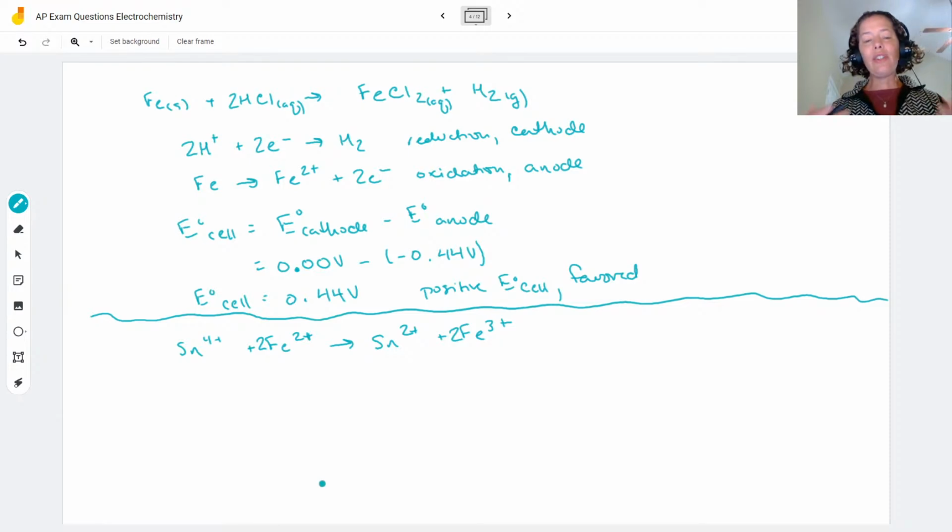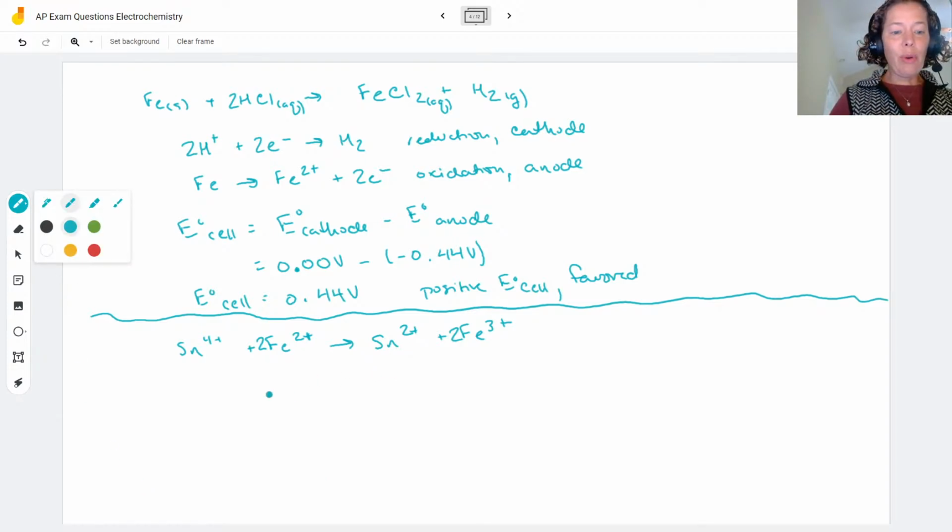Okay, so these are redox equations that really you can balance by inspection instead of going through the half reaction method. But we will also go through the half reaction method, but these are pretty easy. Okay, so now that we've balanced our chemical equation, we need to, again, identify our reduction, identify our oxidation, so we can identify our cathode and anode and know what to plug in where.